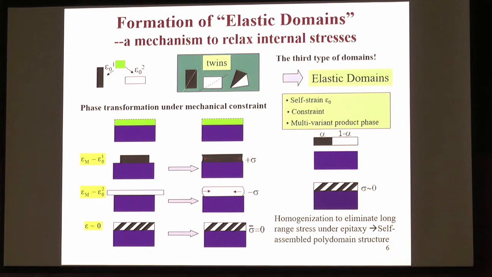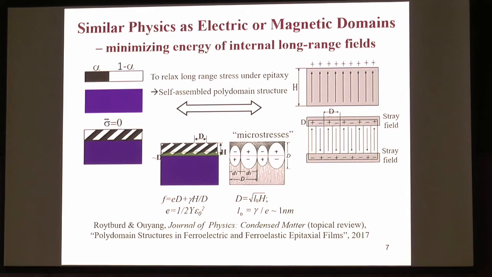I'll use another slide, maybe it's more clear. The following slide shows the analogy between the elastic domain and the electric domain and the magnetic domain. So we know the formation of electric or magnetic domains is because of the depolarization or demagnetization effect. So forming this kind of 180-degree domain can eliminate the long-range field and reduce it into a stray field.